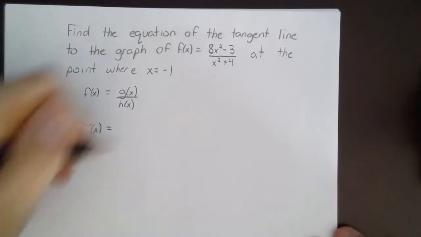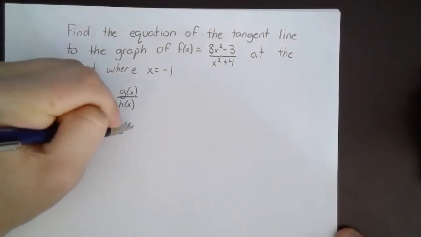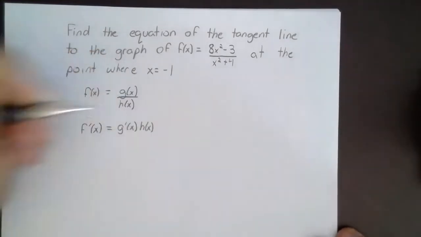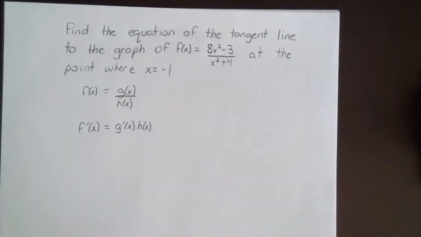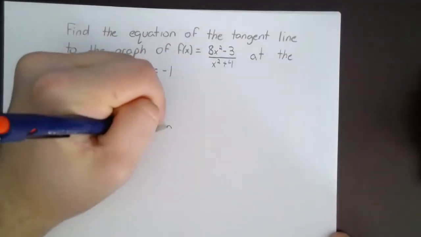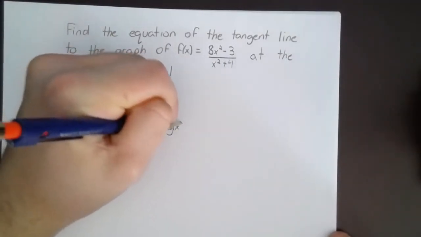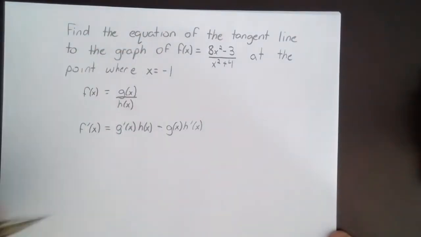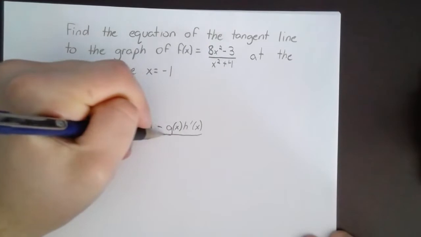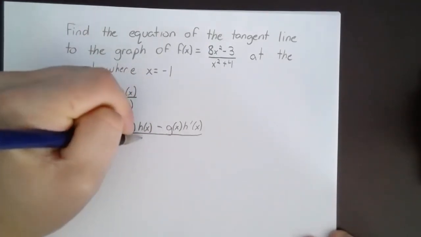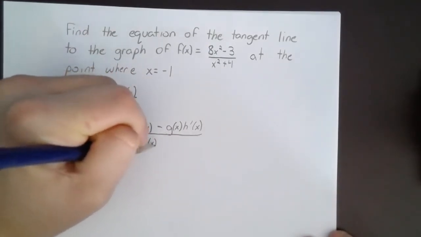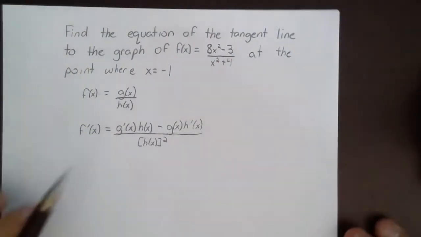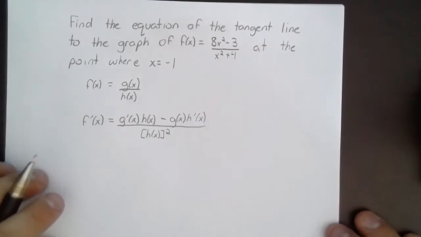The quotient rule is the derivative of the first function, so the top one, times the function in the denominator minus the function in the numerator times the derivative of the function in the denominator, and all of that over the denominator squared, which is h at x squared. So we need to do this to find the derivative of this function.